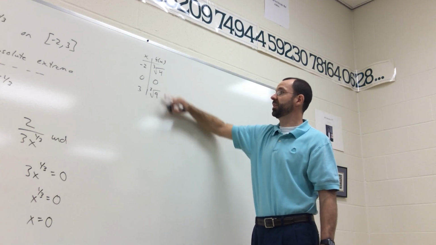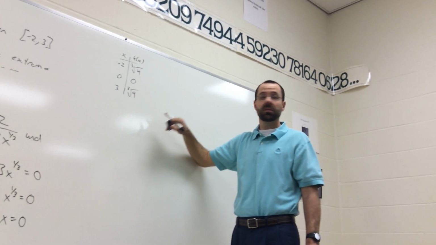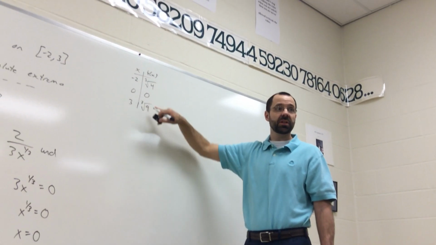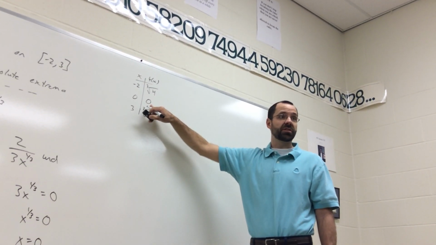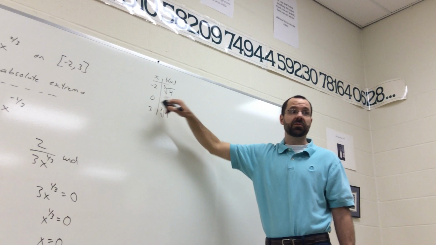So then which one of these is the lowest? 0 is the lowest output. So the absolute min occurs at 0, and the value is 0.